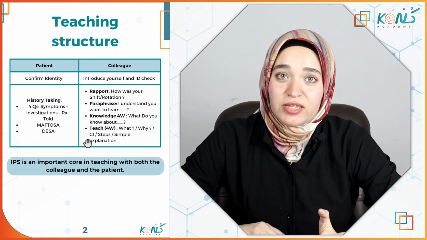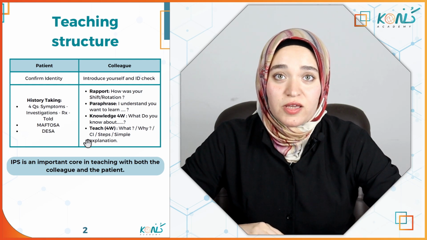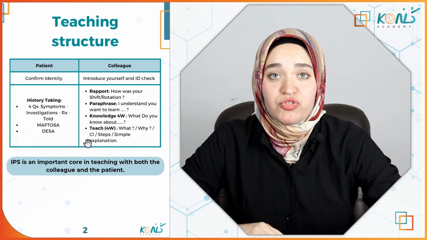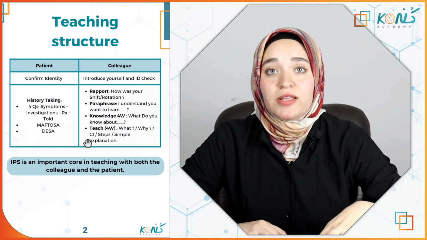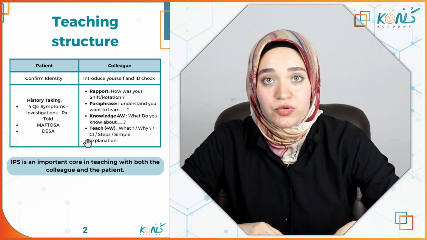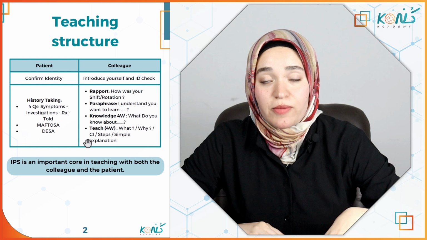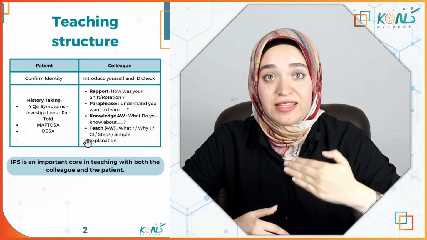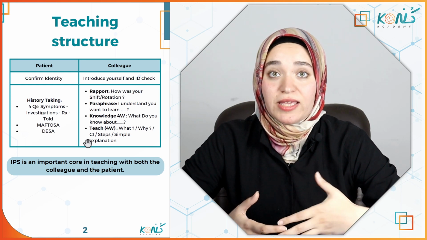If there is contraindication for this procedure or this maneuver, tell the patient about and tell your colleague about. If there are steps, you need to say it in layers, say it in a clear way.